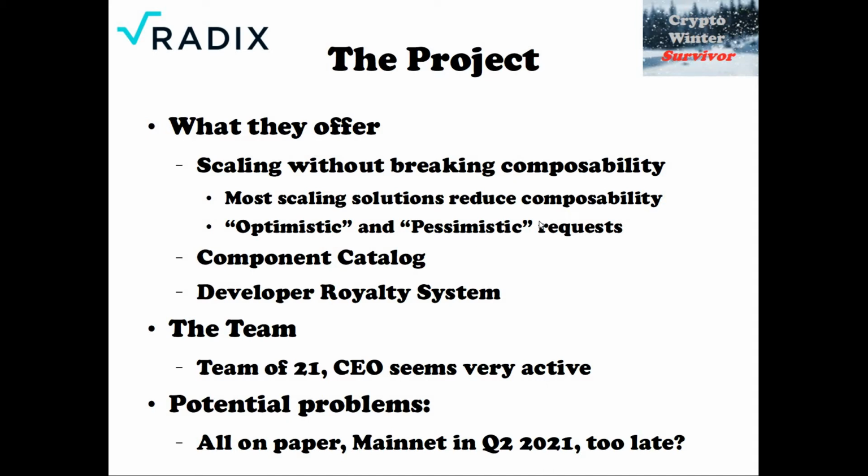There's so many projects that are looking at Cardano to go there, and Radix still doesn't have a mainnet, so it is pretty far behind on the competition, in my opinion, just based on the fact that Ethereum has first mover advantage, and then a lot of others have second to 30th mover advantage, and then comes Radix. So yeah, it might be too late in that sense, but we will have to see.